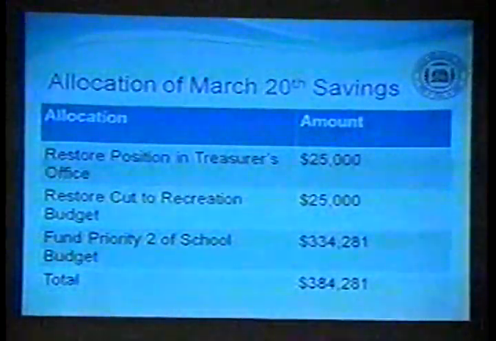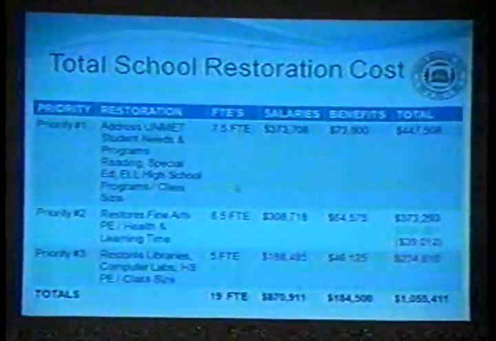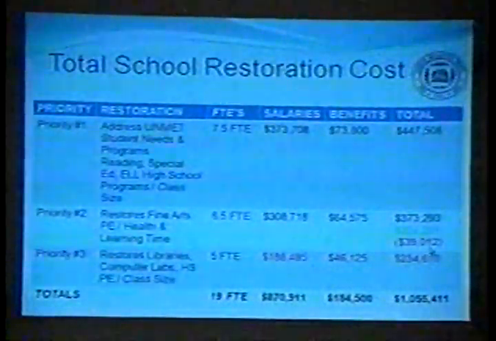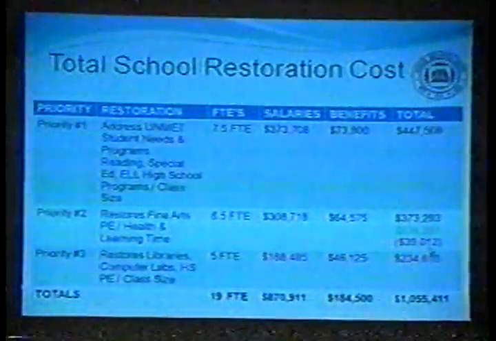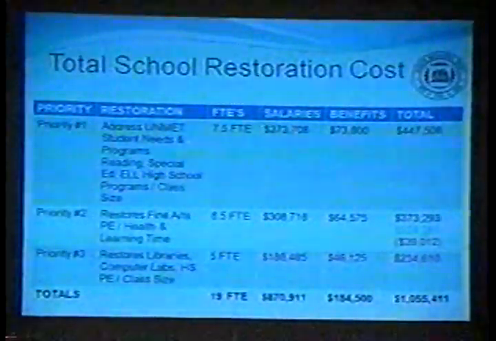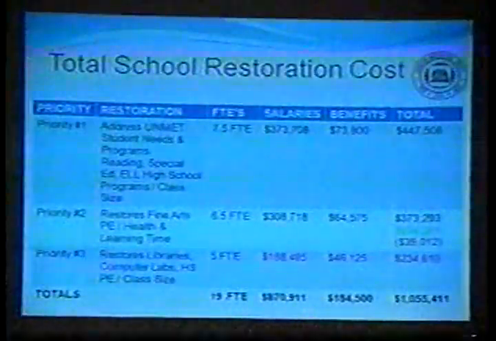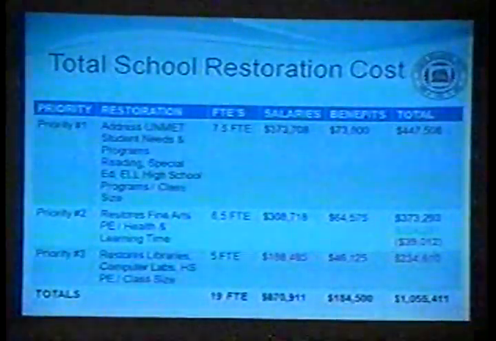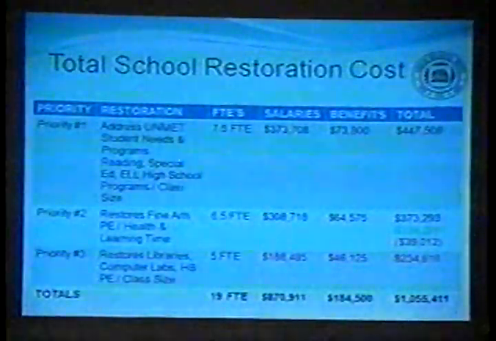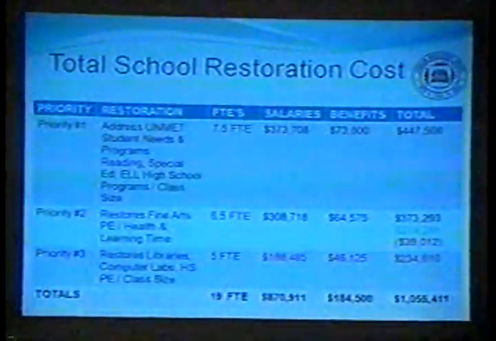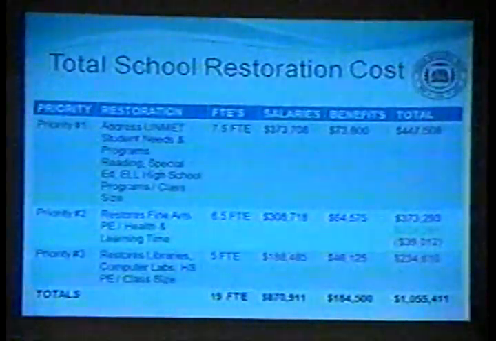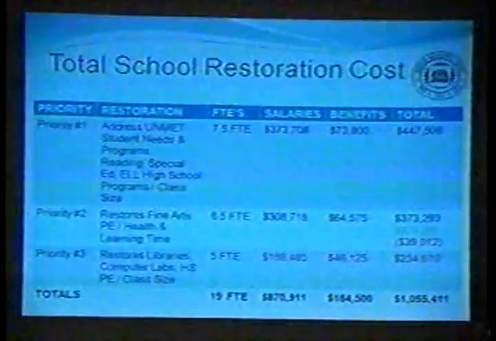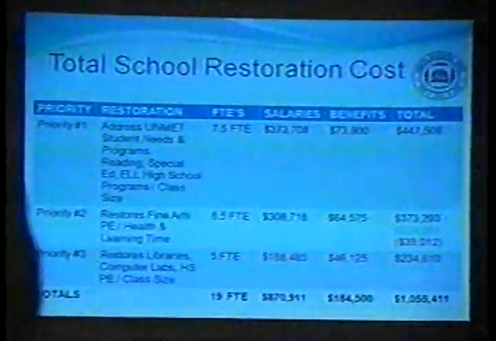It's about $39,000 right here, $12 short of the complete amount of money required for phase two. And the school department said that they would go back to their budget, make adjustments so that they could fully fund phase two. And phase two is where the staffing is increased to the point where the early release on Wednesday is eliminated, which is one of the goals that the board had set.